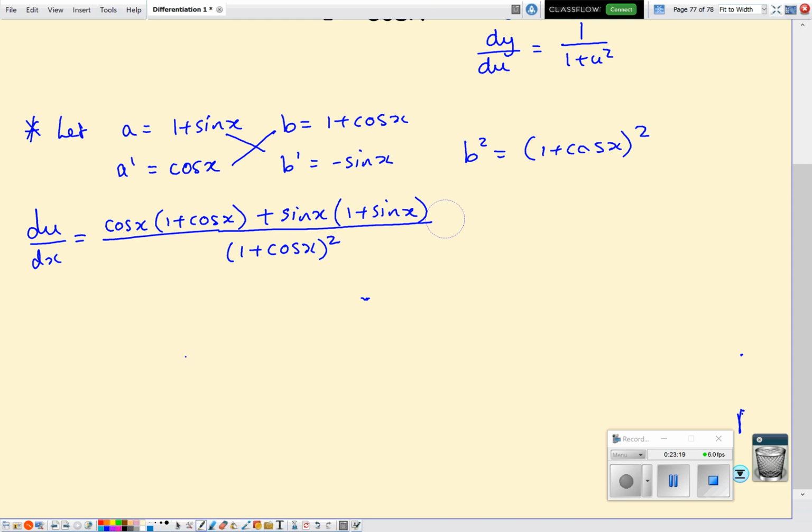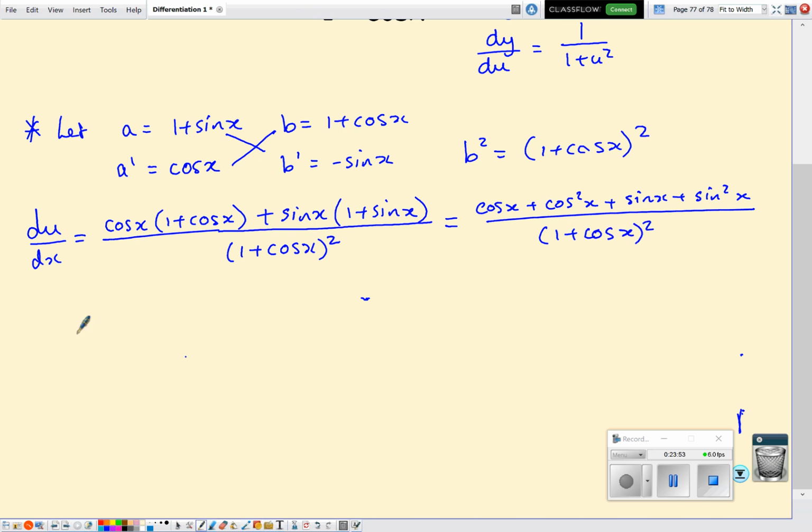Right, let's do some work to tidy this up. We're obviously going to get cos squareds and sine squareds, and hopefully they're going to cancel out. Multiplying out the brackets gives us cos x plus cos squared x plus sin x plus sine squared x, all over 1 plus cos x squared.